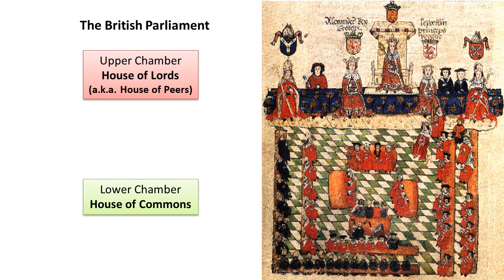The difference is that the lower chamber consists of representatives that are elected, and so they are members of parliament, MPs, who are elected. By the way, they were elected only by a very, very small elite of the richest men in the country, and in particular mostly people that own some land.